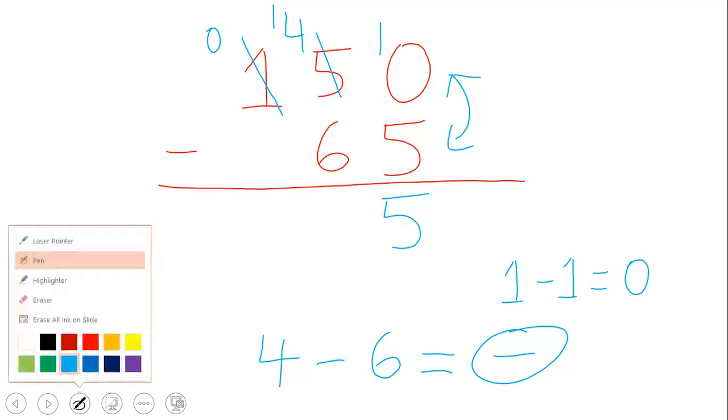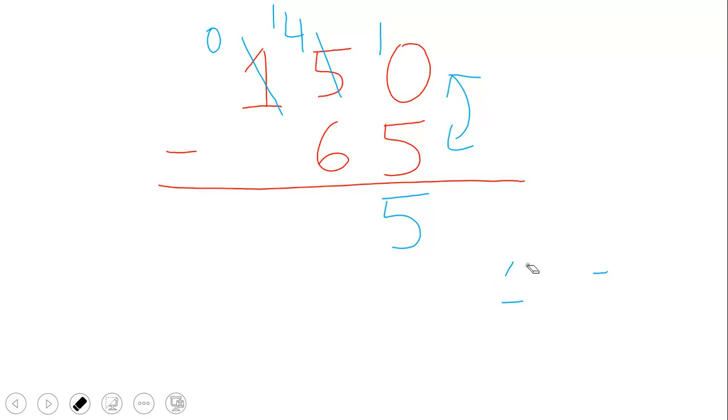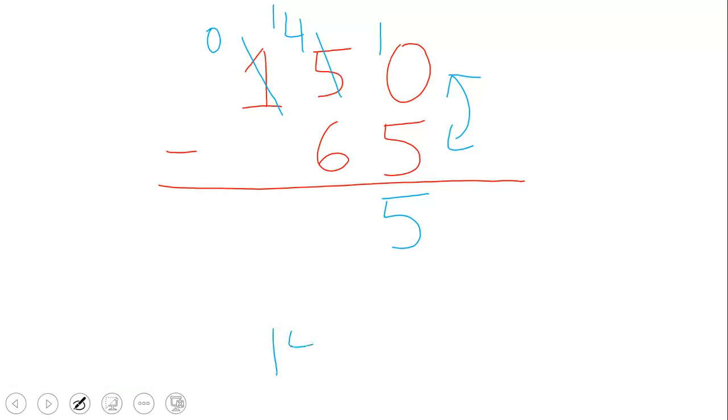We view this not as 4 minus 6 anymore, but as 14 minus 6. What is 14 minus 6? 6, 7, 8, 9, 10, 11, 12, 13, 14. Indeed, 14 minus 6 is 8. So we place 8 here.